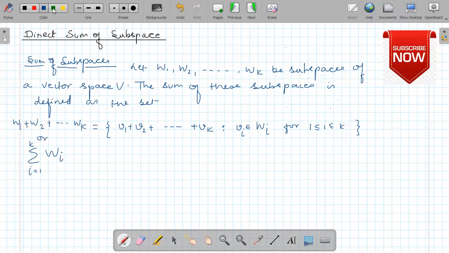Let's take one example of the sum of subspaces. Let we have a vector space R3, and let W1 be one of the subspaces of this R cube, which is nothing but the xy plane. And we have another subspace of this vector space, which is say the yz plane.